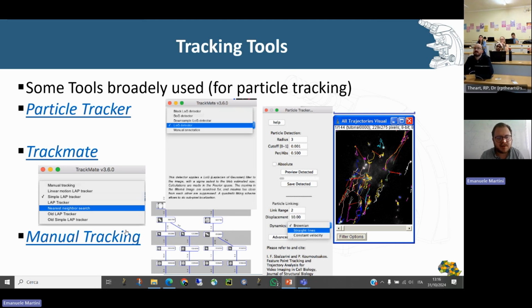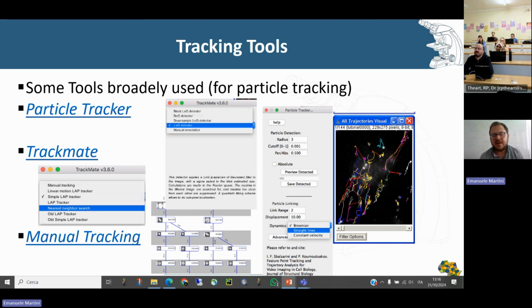Then one important thing to know is that, as in other biological experiments and analyses, sometimes depending on the complexity of your experiment, you prefer to have a semi-automatic or manual way to analyze it.